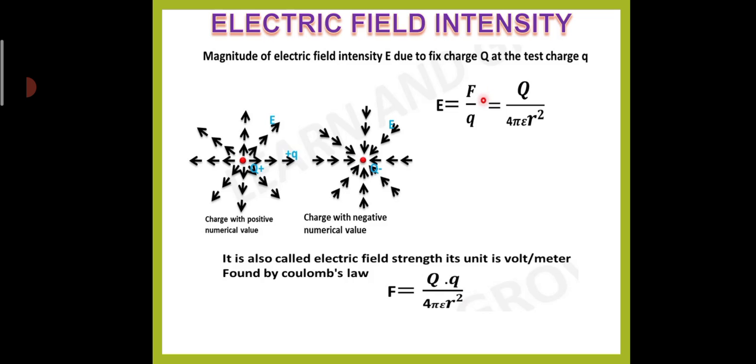So, the unit of E is volt per meter, and the electric field intensity at point 2 due to the charge Q1 at point 1 is given by E12 equal to Q divided by 4 pi epsilon 0 magnitude of R12 square, into R12 divided by magnitude of R12.